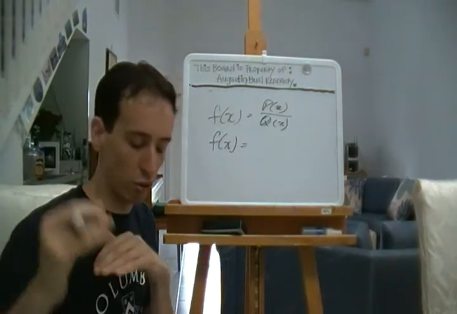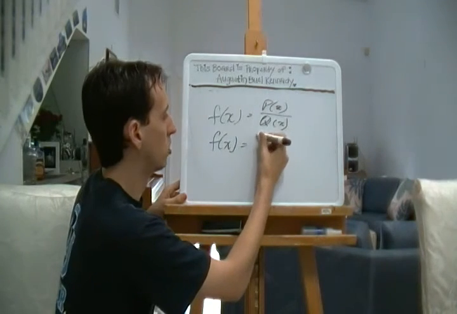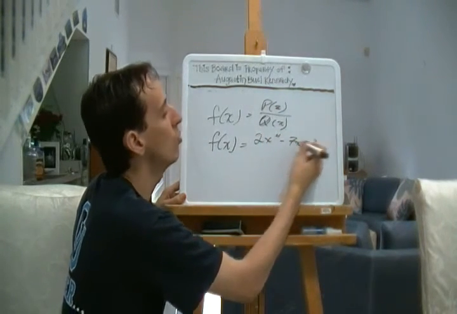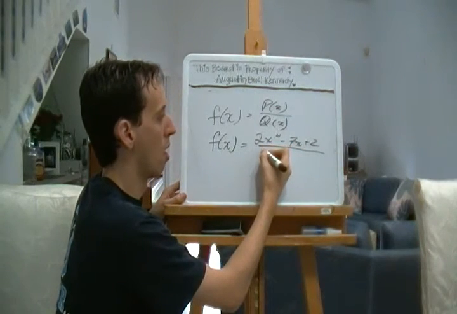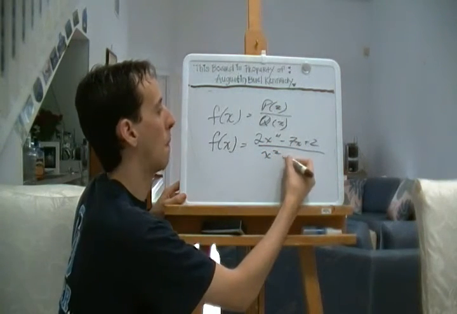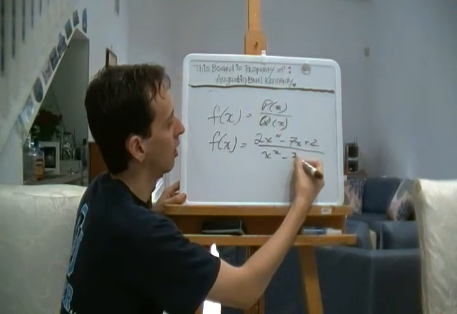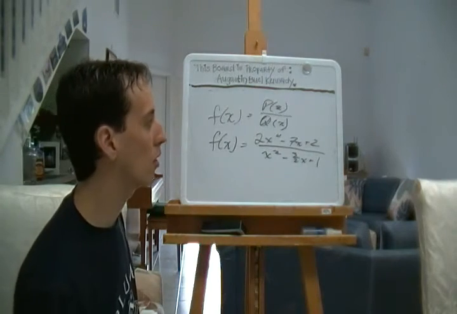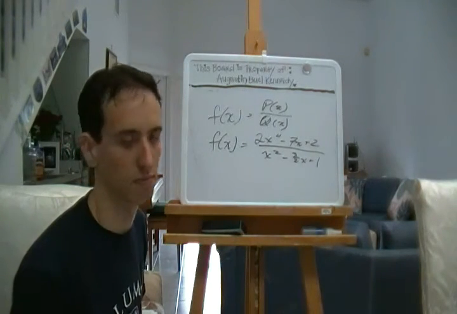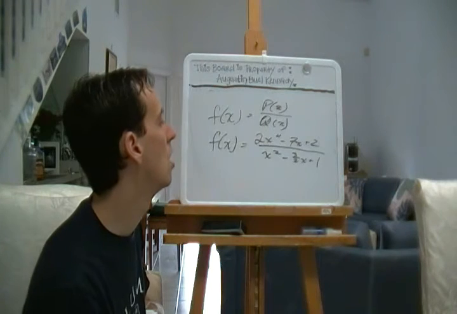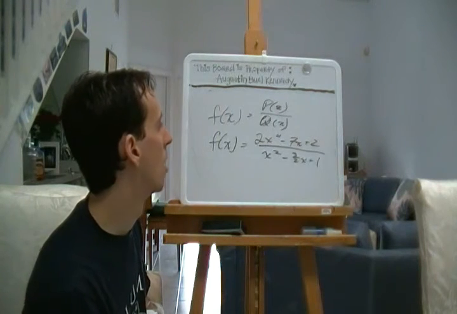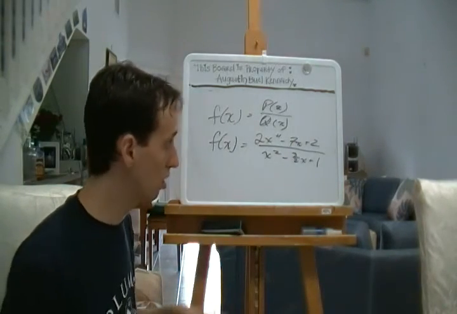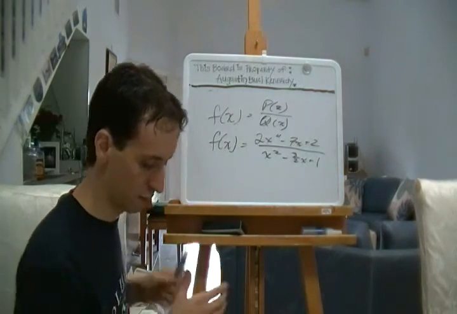You have a ratio of two different polynomials: 2x to the 4th minus 7x plus 2, over x squared minus 3 halves x plus 1. That's a rational function. It's an interesting rational function, and that's just what that looks like. Anytime you have a ratio of two things, you have a rational function.